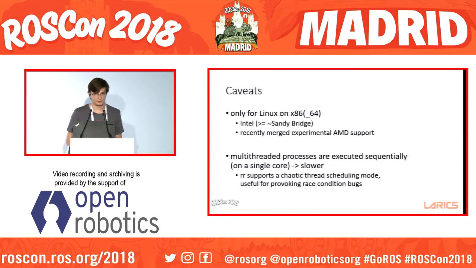So there are some limitations, of course, even though RR really can produce lightweight recordings. I think it's somewhere around 50 megabytes for an hour of process execution. Of course, it depends how much data you have streaming in. You need to have a recent Intel processor. Their support for AMD processors has been merged recently, though.